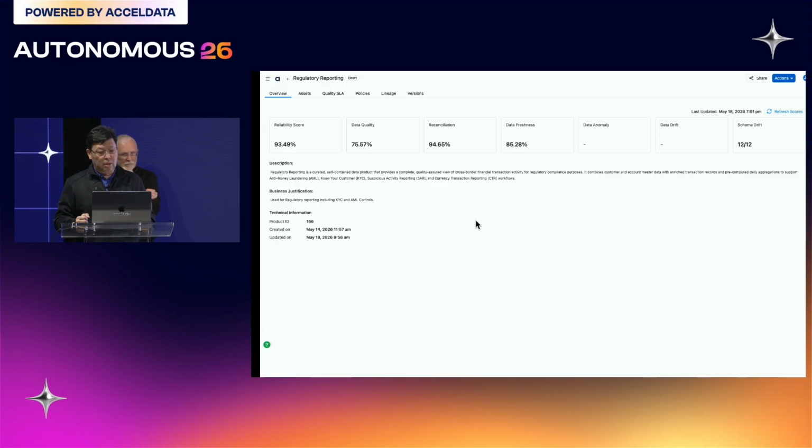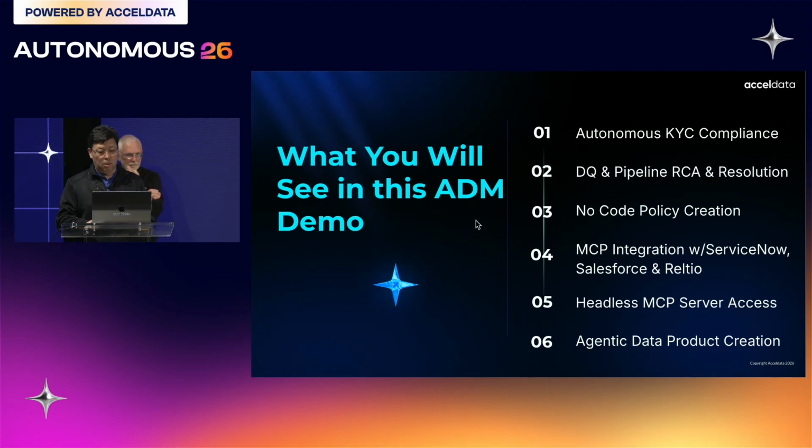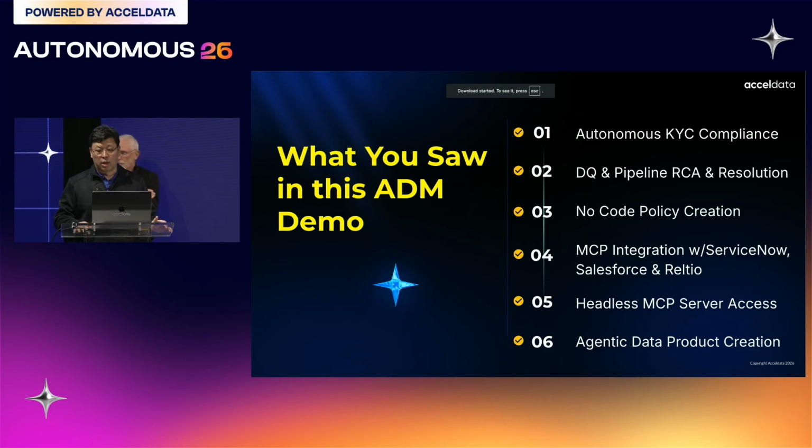So in conclusion, what we said we were going to show you, this is what you saw. Autonomous KYC compliance. So if you're a financial institution, you're a pharma company, and you have rules and regulations you need to adhere to, it's as simple as installing Acceldata, crawling your assets, getting ADM to read and process your knowledge base that has these compliance rules, and it will generate and monitor your compliance for you.